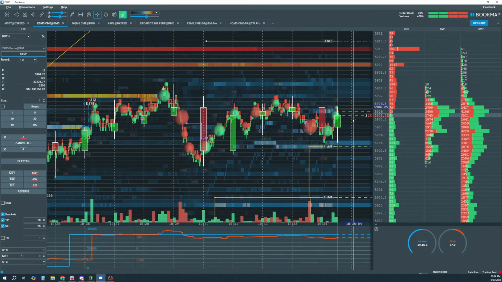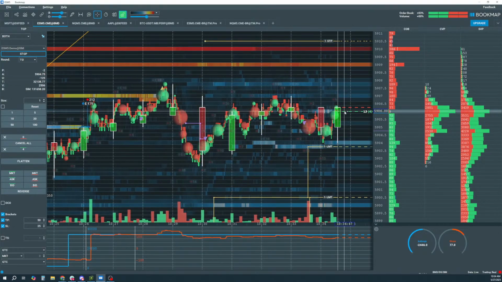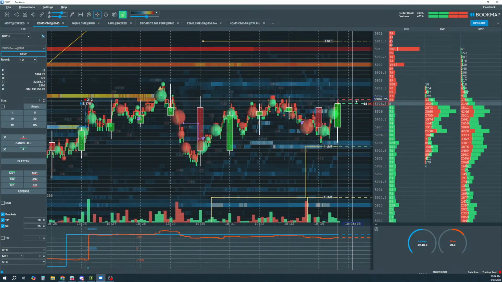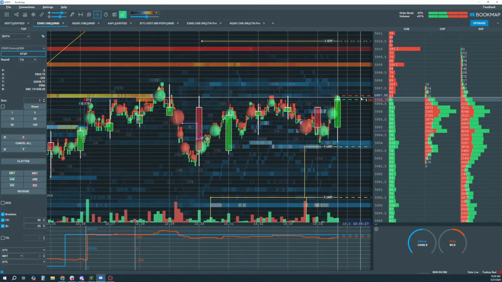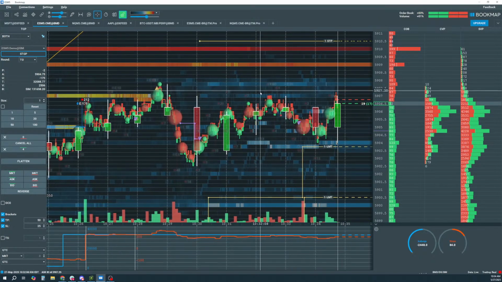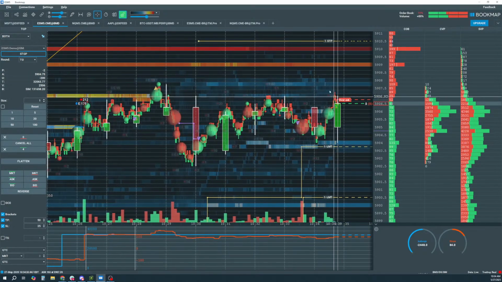Okay, buyers coming back in, trying to take control of the market again, and they might. Let's see, do we find them up here? This is where we want to see if we find the buyers up here.